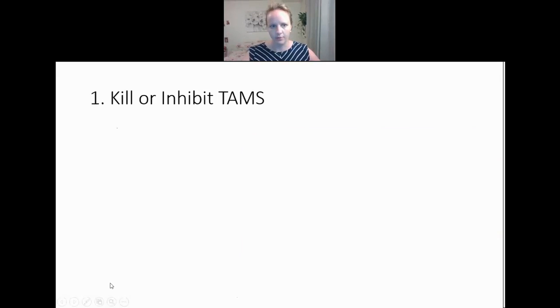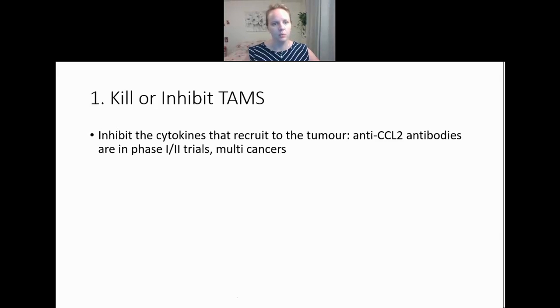So the first strategy, to kill or inhibit the tumor-associated macrophages, is that we can inhibit the cytokines that recruit them to the tumor, using CCL2 as a target. CCL2 recruits TAMs and promotes phenotype switching.